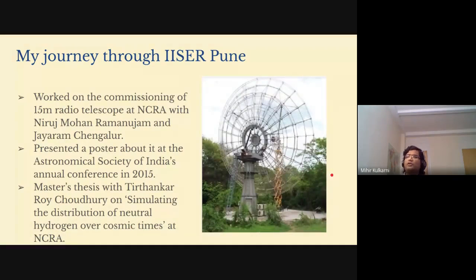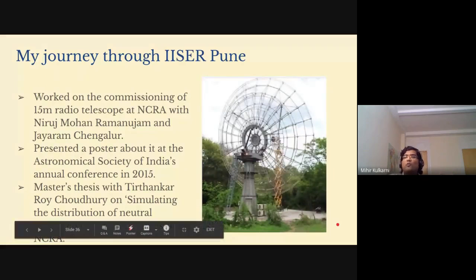It is supposed to be used for teaching primarily, but it was a newly built telescope, and I worked on commissioning it, that is finding out what the noise is, what the beam width of this radio telescope is, and what the error or the offset for this telescope is. So this was a lot of instrumentation and learning how a radio telescope works from scratch.